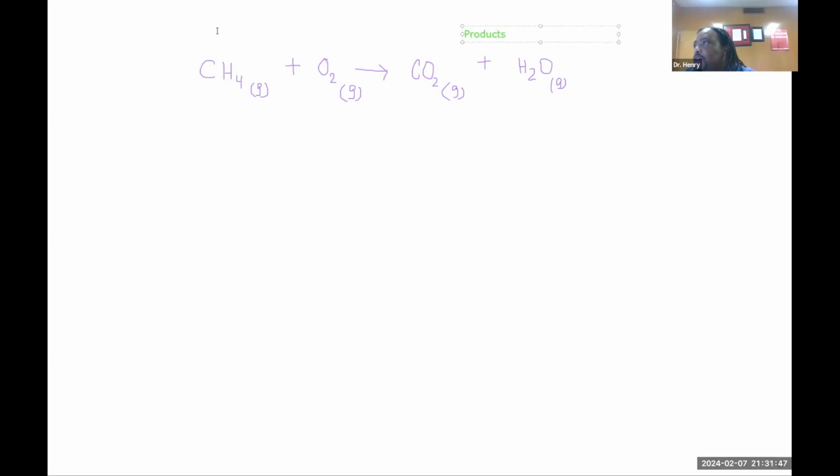So that means the other side is our reactant side. Okay, so we look at both sides, and again, they have to always add up, and they all have to be present. So in this case, we have carbon, hydrogen, and oxygen.